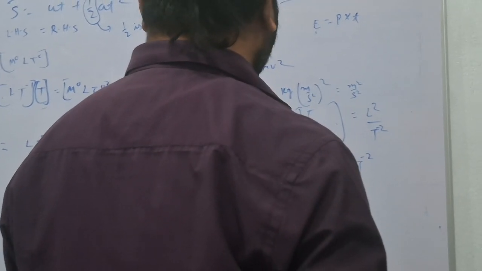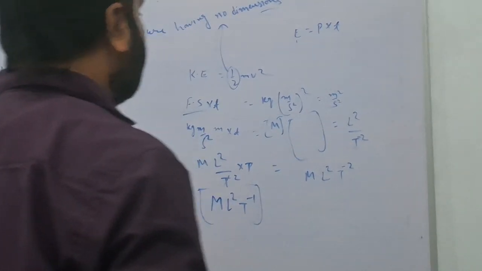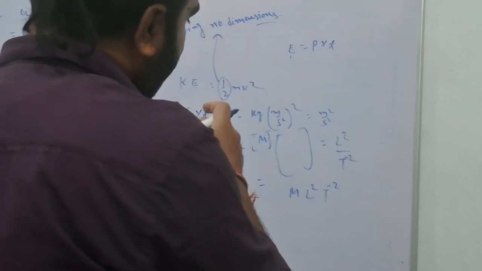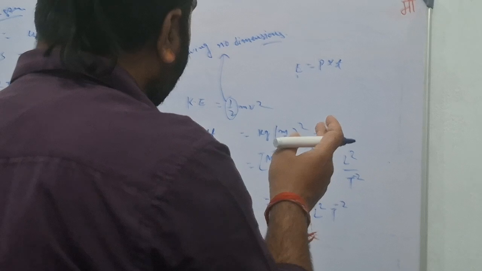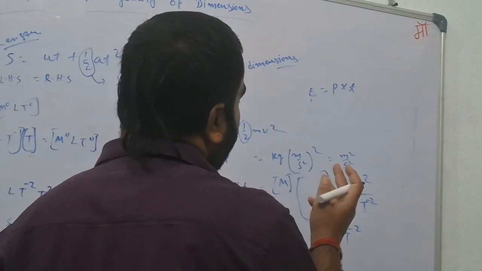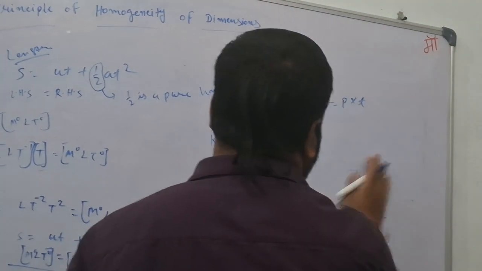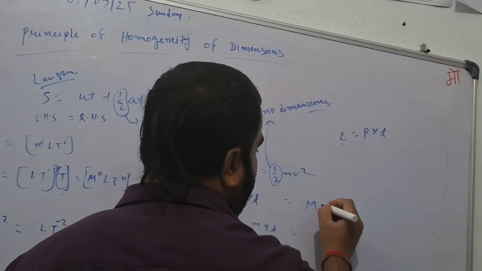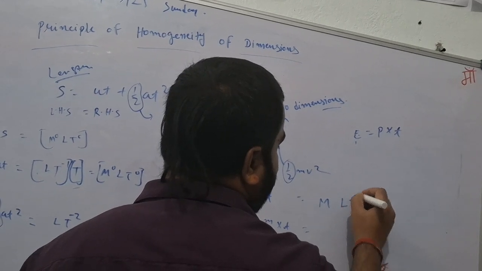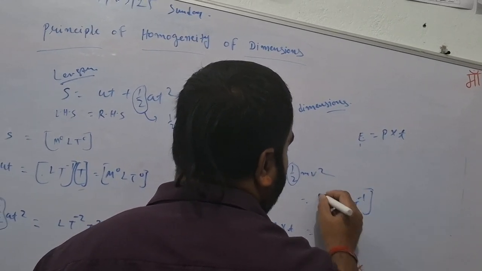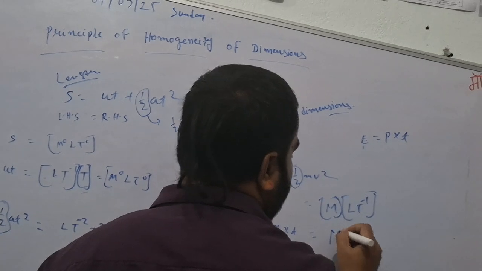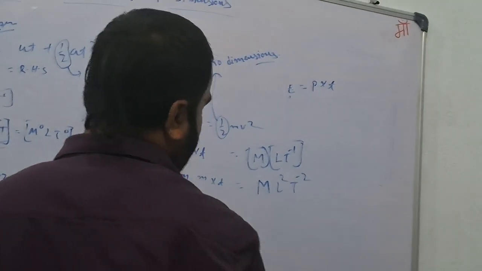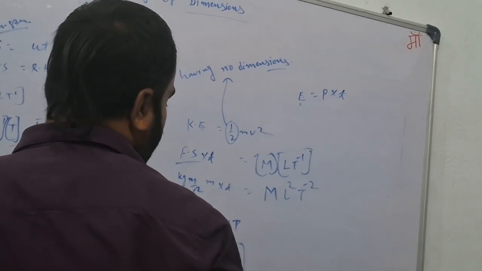LT minus 2, 1/2 mass, meter per second square. Firstly mass, and LT minus 1 whole square, so mass and L square would be there and T minus 2.